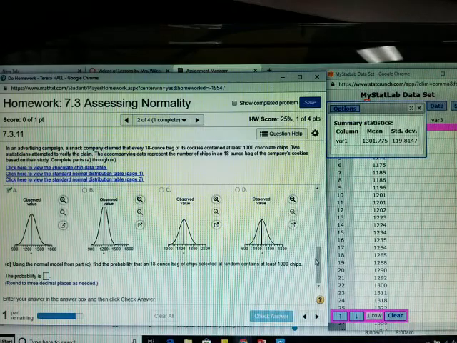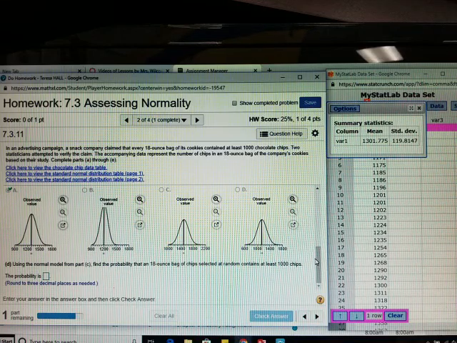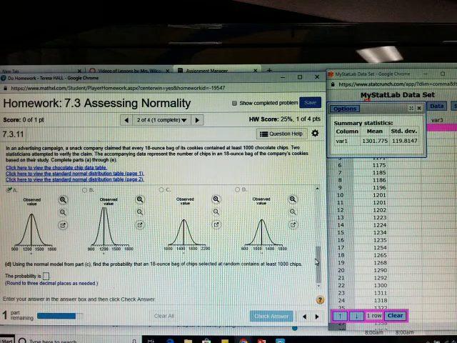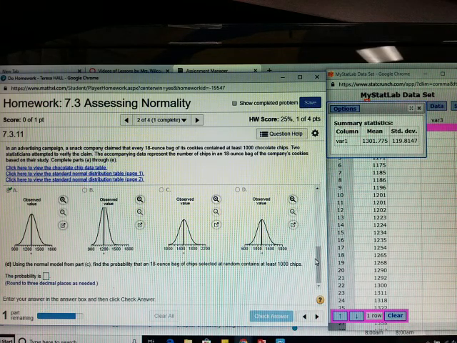Because remember, guys, once you get that z-score, that's going to tell you on a standard curve where the mean is based off of 0 and standard deviation based off of 1. So to get your z-score, you take your x value, 1,000, minus your mean. You divide that answer by your standard deviation.